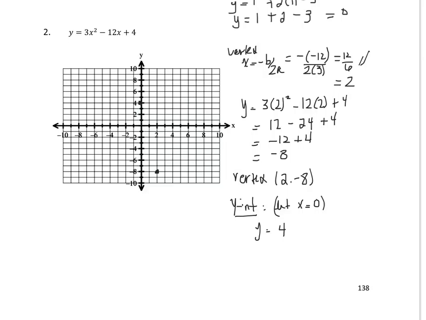Then we can use symmetry. So here's our line of symmetry going right up. There's 2 units on the left of that, so there should be 2 units on the right of that as well. And this would be our graph, a rough sketch of our graph.